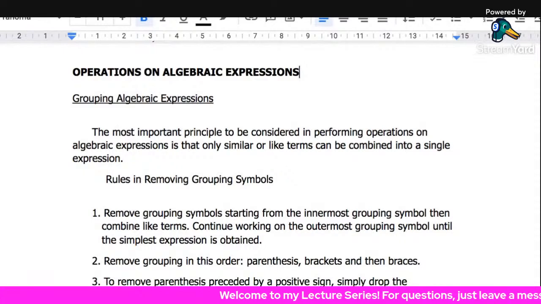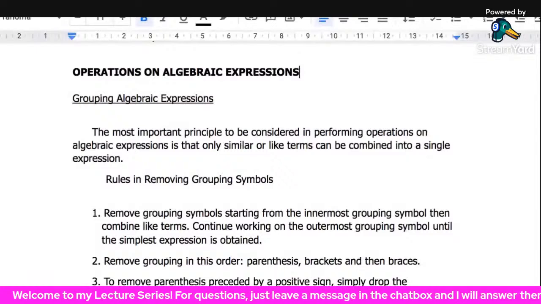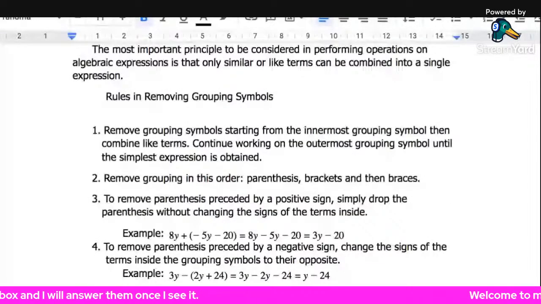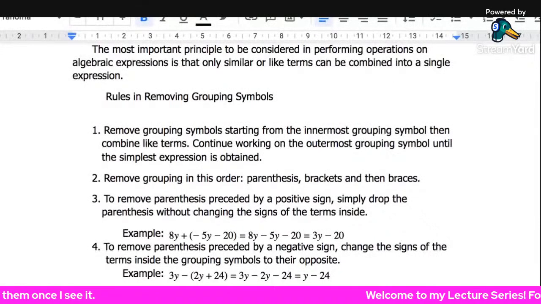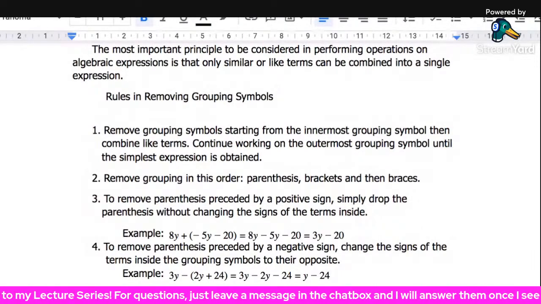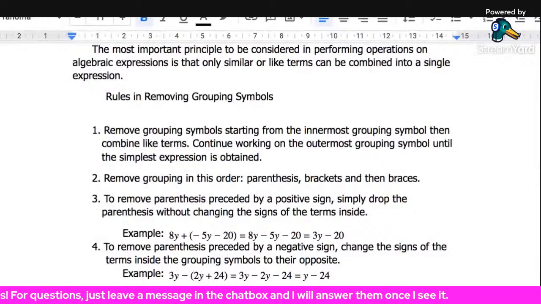Okay, so we have some rules here in removing grouping symbols. Remove grouping symbols starting from the innermost grouping symbol, then combine like terms. We made mention about what we mean by like and unlike terms last time. So we combine the like terms and continue working on the outermost grouping symbol until the simplest expression is obtained.